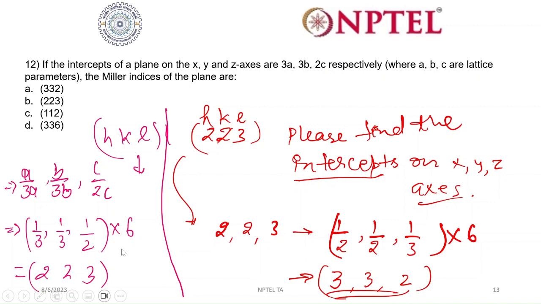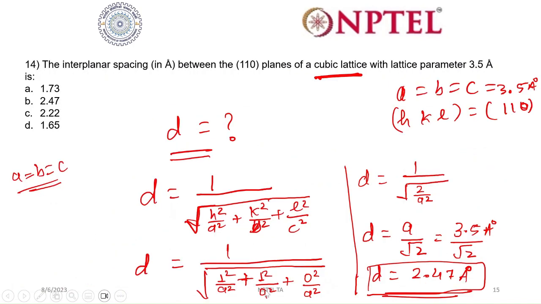The interplanar spacing d in terms of the basis vector parameters. So this is the formula. We have everything that is equal to the distance here. Put these values in, and again the answer is equal to 2.47.